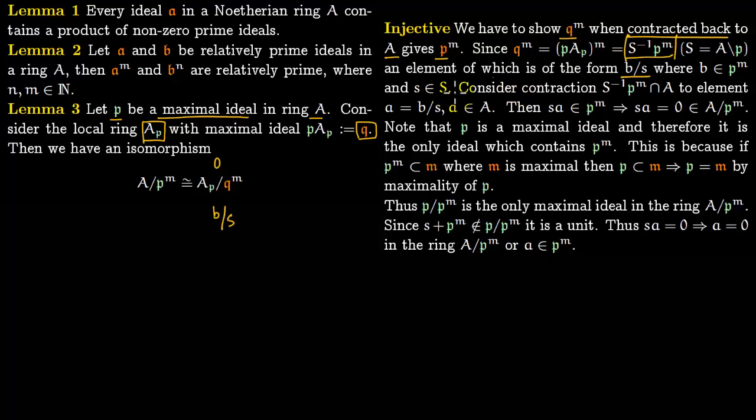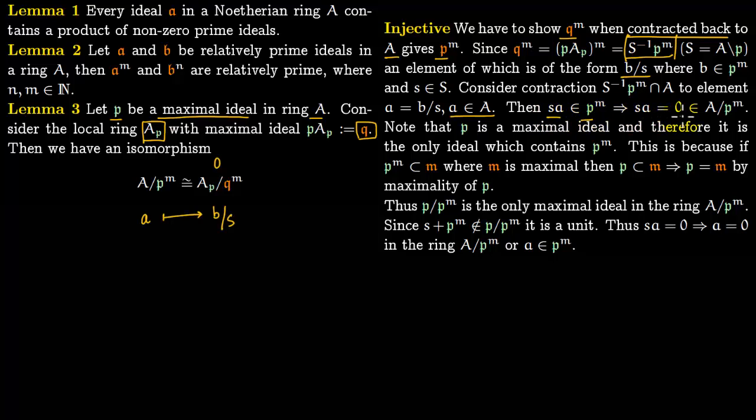Now we have to consider its contraction and say its contraction back here is to some element a, where a is in the ring A. So this comes from this element a here. So a equals b over s, and sa is in P^m.